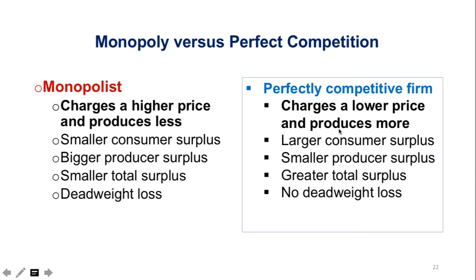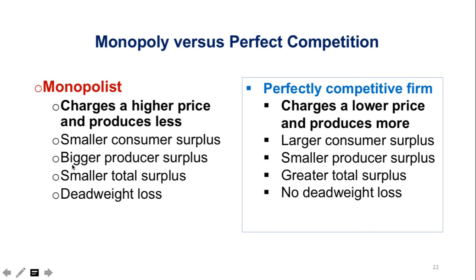Now let's compare monopoly versus perfect competition. Monopolies charge higher prices and produce less, compared to the perfectly competitive market, which charges lower prices and produces more. Monopolies have a smaller consumer surplus, while in the perfectly competitive market consumers have a larger consumer surplus.